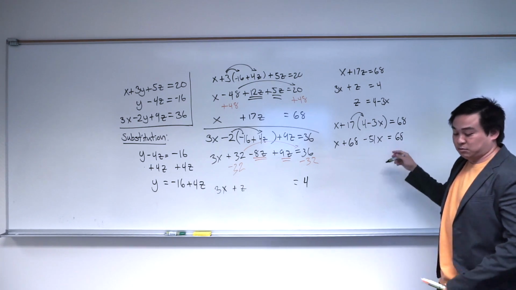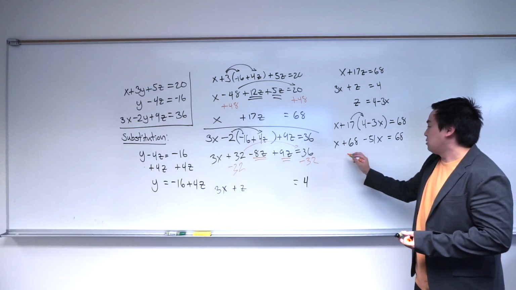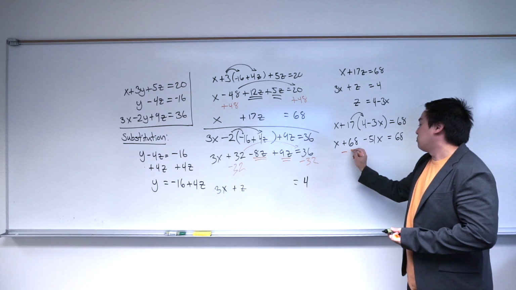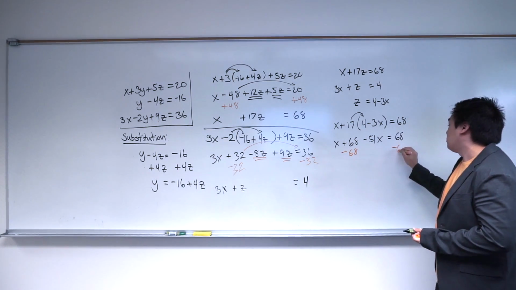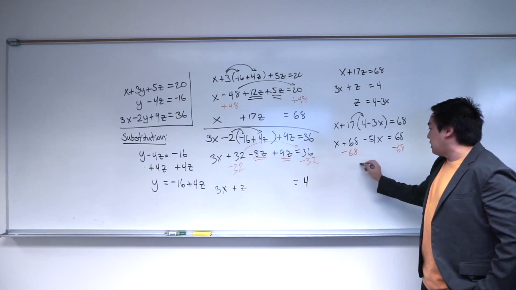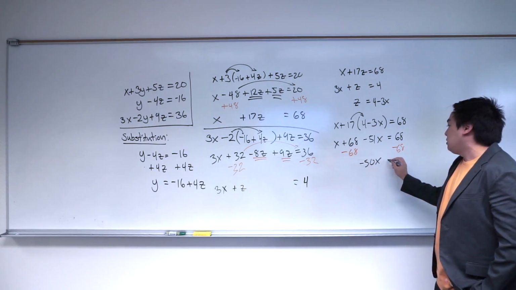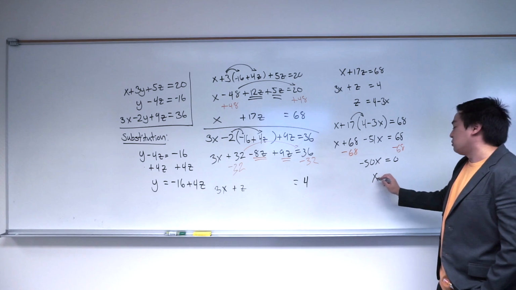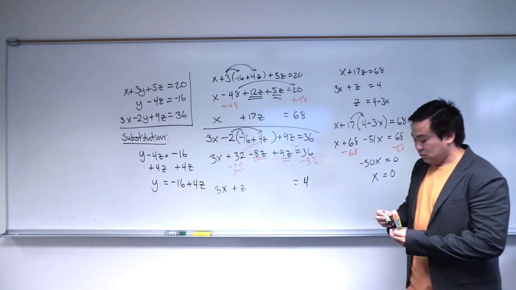Subtract the 68 from both sides. And so what we get here is negative 50x equals 0. So x is 0.